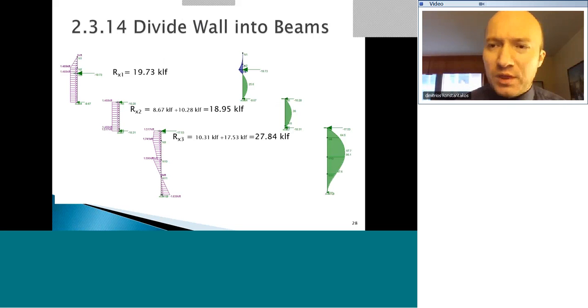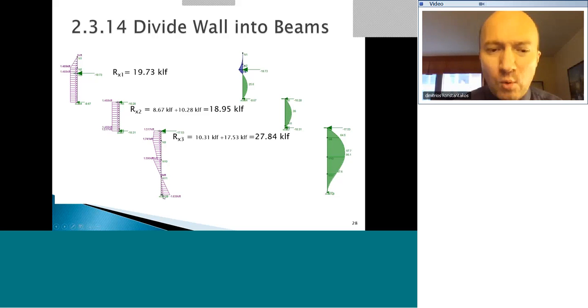So the idea then with FHWA, we subdivide the wall beam. In this case, we have 3 supports, so we have a continuous beam from the top to the second support. Then we have a simple span moment on the next level between the second support and the third. And below the third, we have another simple span.